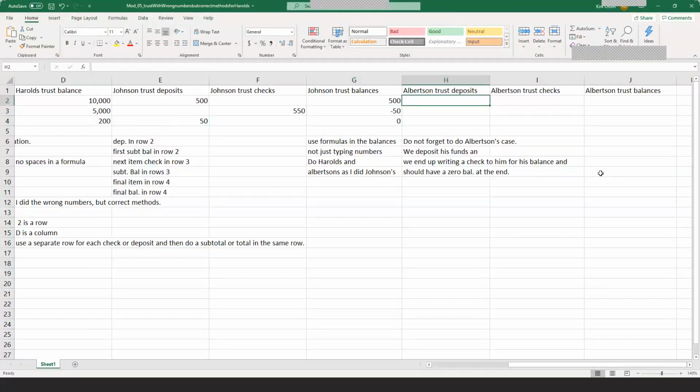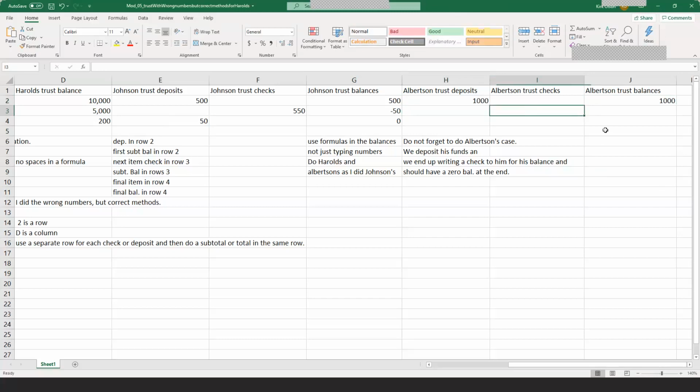So let's say that we started out with $1,000, and I'm not going to do a formula right now. Well, maybe I will. Okay. Now, we can't leave that. If his case is done with, we have to pay it out to Albertson.